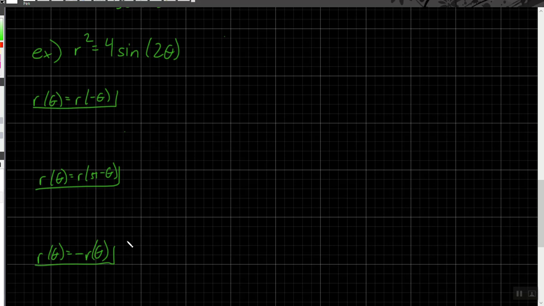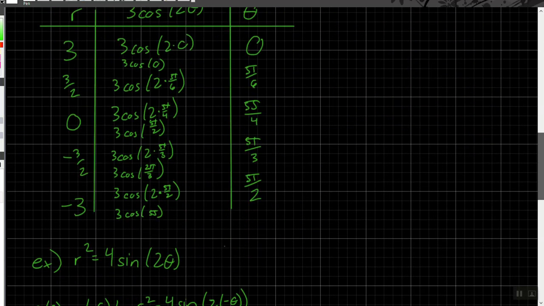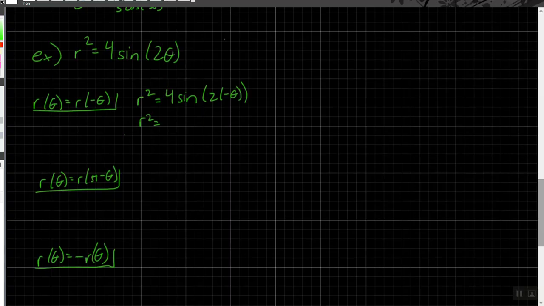Did we check the first one? Okay, so r squared equals 4 sine of 2 negative theta. We'll say that, so the 2 is in our function. I was just trying to make it simpler.